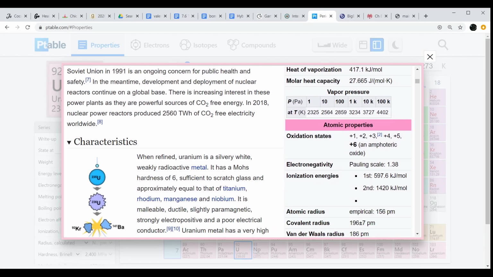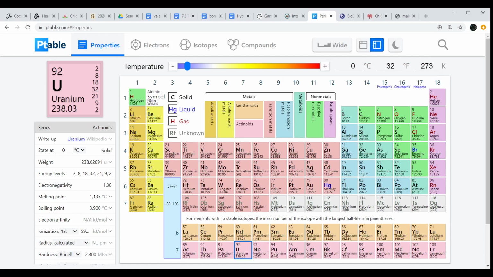Let's see how many it has. It can be 1, 2, 3, 4, 5, or 6. Okay, so uranium can have up to 6 different oxidation states. So all these ones down here also apply to this rule. Just because it seems like it's down here doesn't mean that it's not going to follow it.